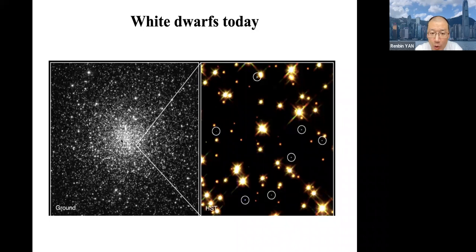So only in these old globular clusters can you find white dwarfs, because it takes 10 billion years for the sun to evolve out of the main sequence and then go through the red giant phase, the helium fusing phase and the red supergiant phase to form a white dwarf, right? Here is a picture of that.